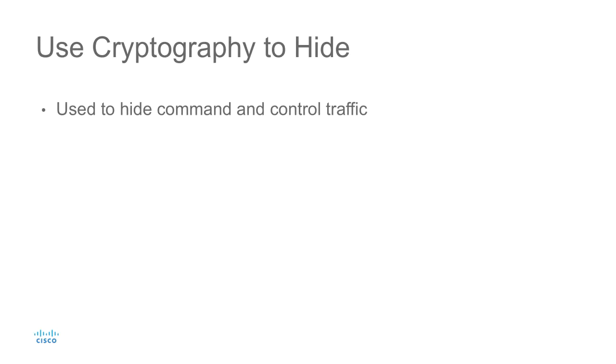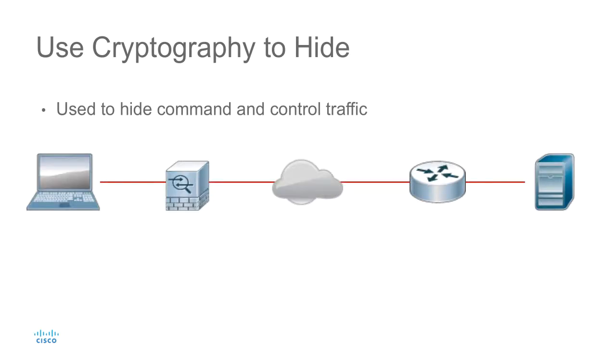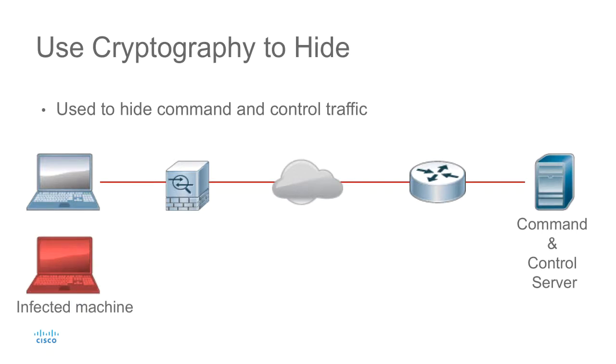So let's give you an example of that. Okay, so here we have a very simple network, and on this diagram, we have a server that is a command and control server for a botnet. And then we have another machine that comes into the network that has been infected with malware. Now this machine that's been infected with malware will attempt to connect to that command and control server.